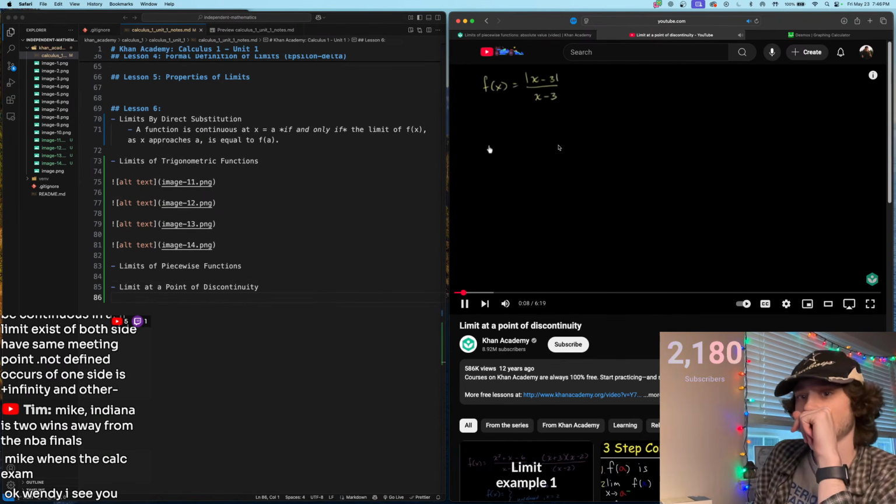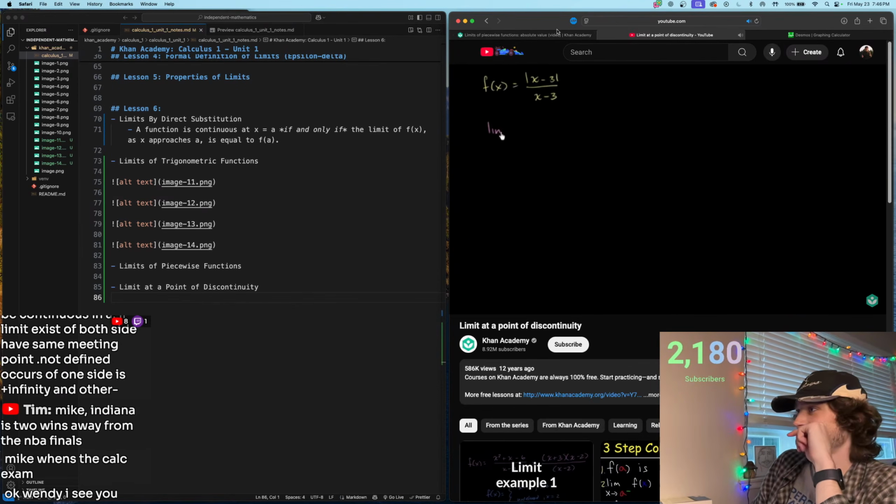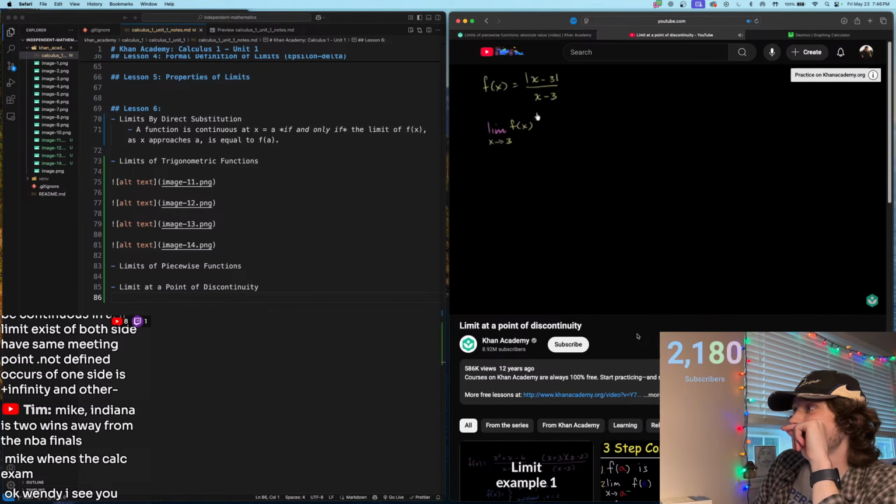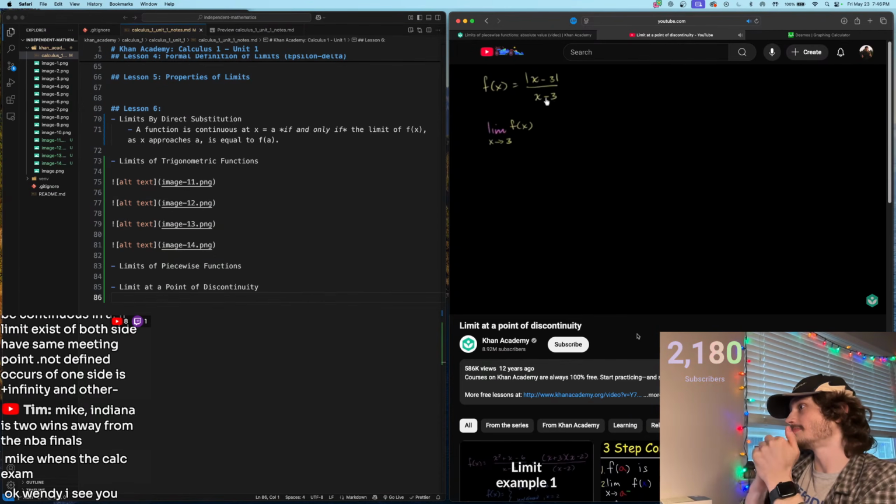What I'm curious about is the limit of f of x as x approaches 3. Just from inspection, you can see that the function is not defined when x is equal to 3. You get 0 over 0, it's not defined.